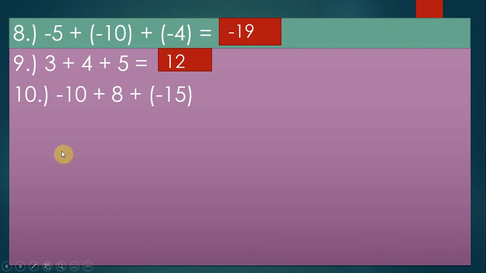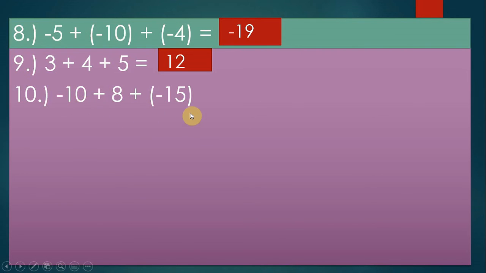Okay, number 10. How about this? Negative 10 plus 8 plus negative 15. So we have here a withdrawal of 10. Here, a deposit of 8. And here, a withdrawal of 15. There are two withdrawals.